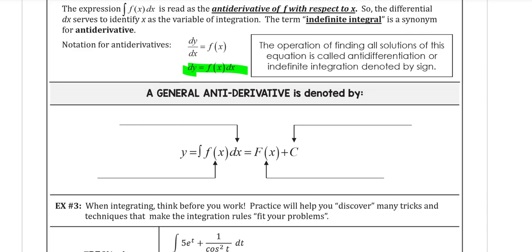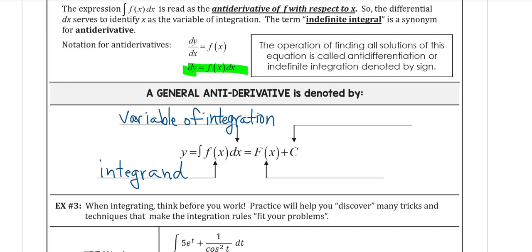Let's label everything in our antiderivative expression here. First off, this goes to our dx, which is our variable of integration. Right below it is the f of x. That section is called the integrand, just like you have the dividend when you're dividing.